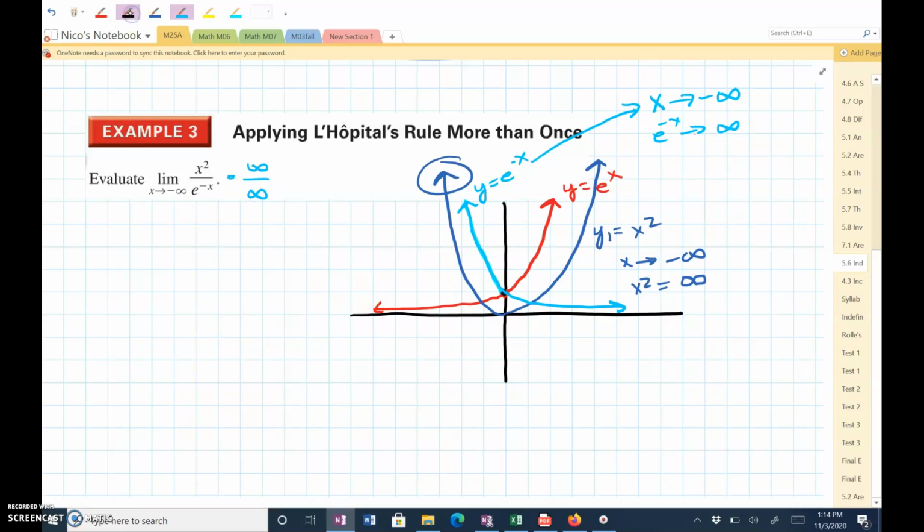So we're going to use L'Hopital's rule. We're going to take the limit as x approaches negative infinity. And we'll take the derivative of x squared, which would be 2x, all over the derivative of e to the negative x, which would be negative e to the negative x.